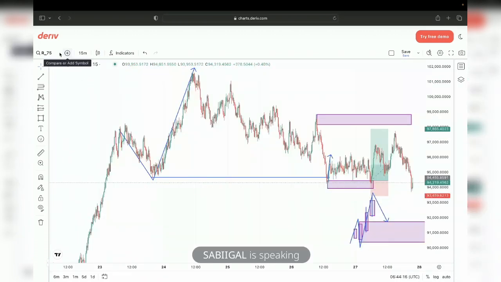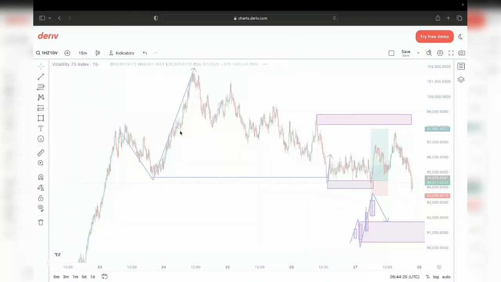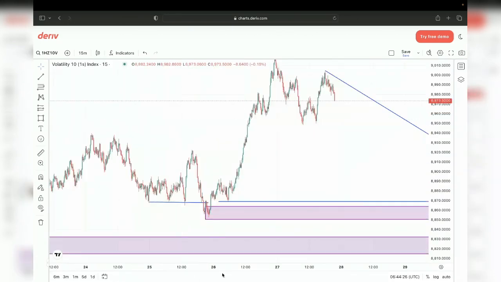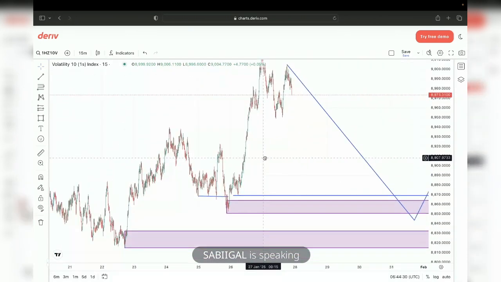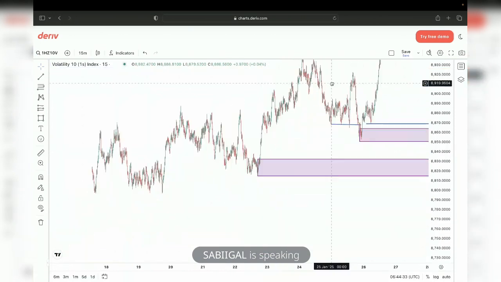Let me look for any setup that has sweep. Okay. This one has sweep, but it has not played out yet. Let me look for another one.